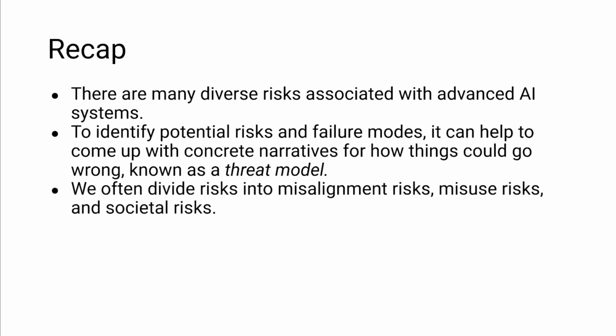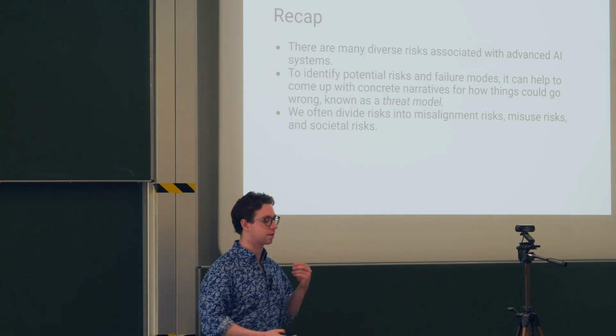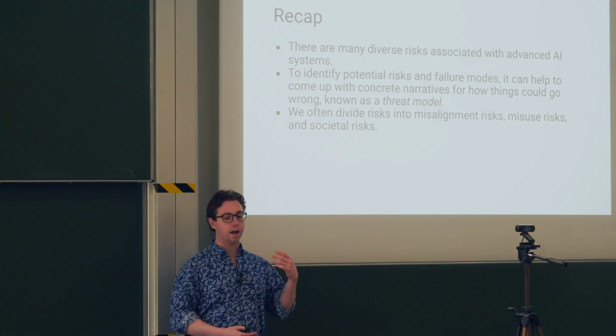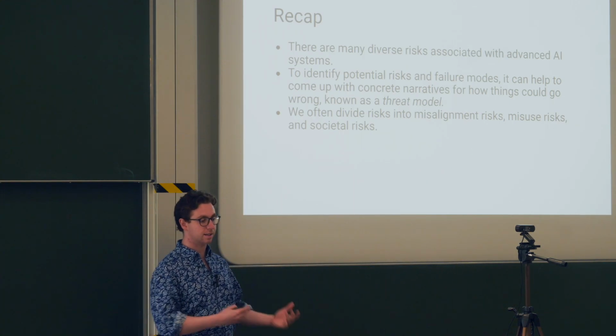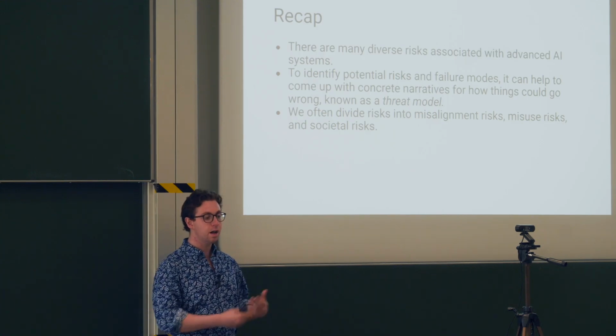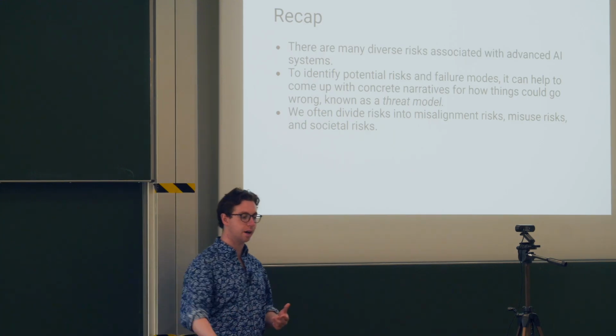We often divide these threat models, these risks, into misalignment risks and misuse risks, and additionally societal risks or systemic risks. Misuse risks refer to some scenario where a malicious actor of some kind gets their hands on a sufficiently advanced system and then uses that system to inflict harm on others.